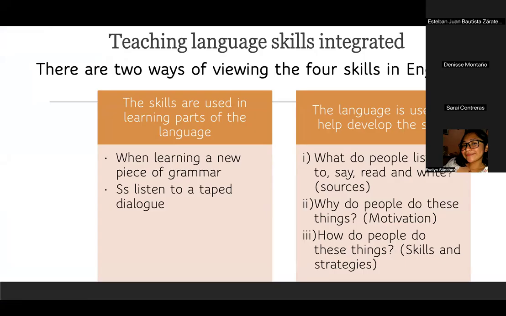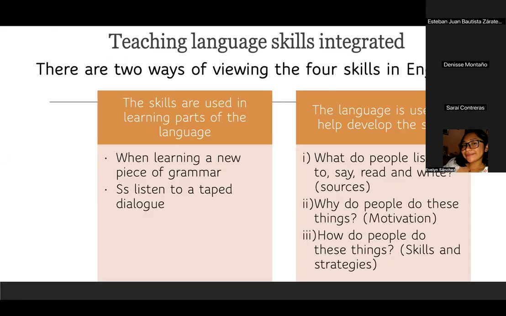First of all, when we talk about teaching language in an integrated way, we need to focus on how we are going to make students aware of language features, for instance, grammar and vocabulary aspects, through something they can understand.